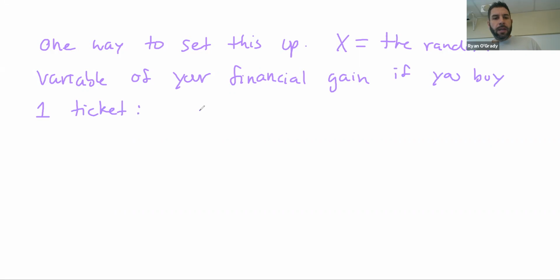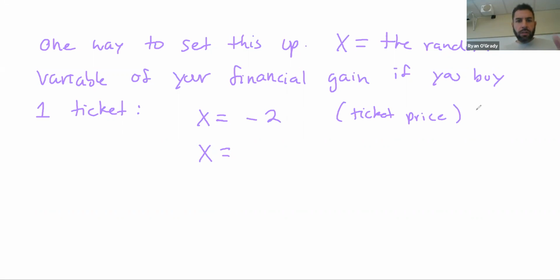So what does that mean? X can mean one of two things. What is your financial gain? Well, if you win and if you lose, there are two different things. So X has two options. The first option is if you lose, then you are out $2 because you bought the ticket. I am going to use a minus sign to illustrate that you didn't gain $2, you lost $2.